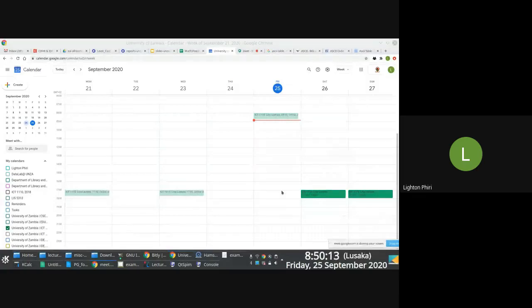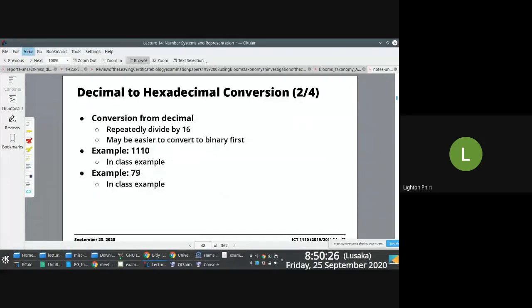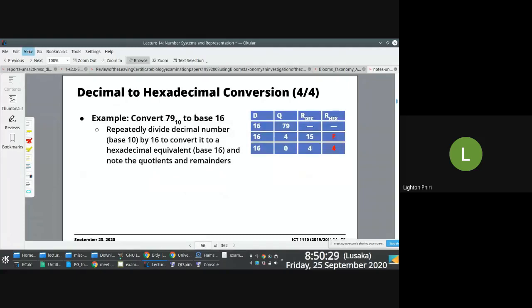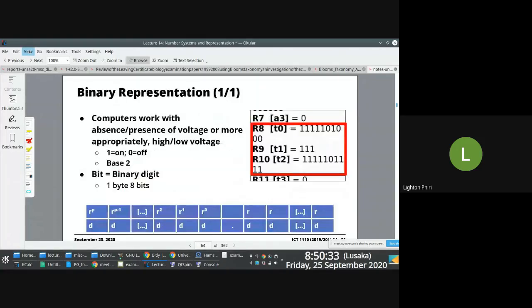So tomorrow we will continue with what somebody was asking, as in how do we convert from decimal to hexadecimal. It turns out it's easy. It's just repeated division, right? We'll look at this, and then hopefully tomorrow we can also quickly transition and start looking at binary representation, base 2.